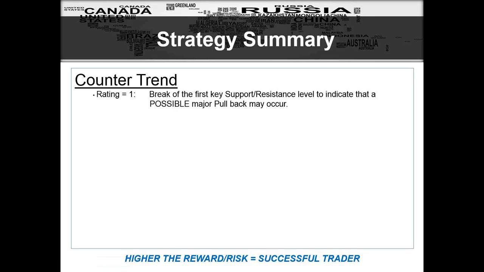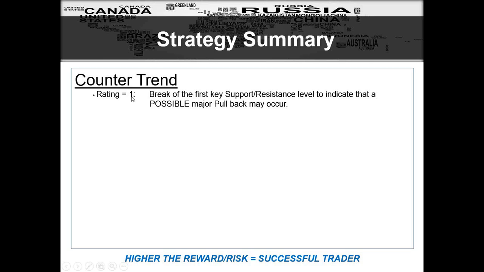If you ever see the number system, a rating equals 1. This basically means it breaks the first support resistance and indicates a possible pullback may occur. If you're a bottom picker, where you like to see things reverse after a big long trend, this is the very first thing you're going to look for.